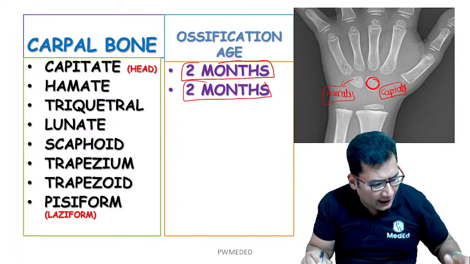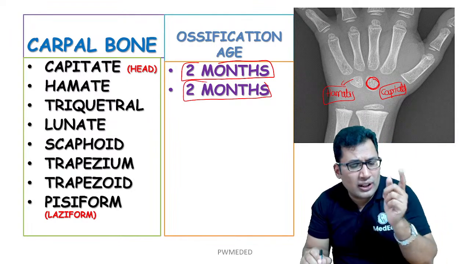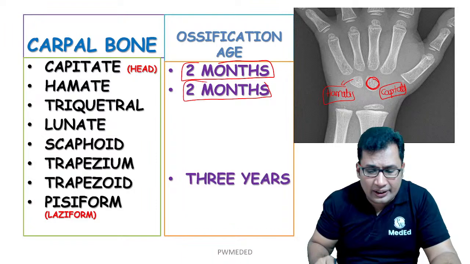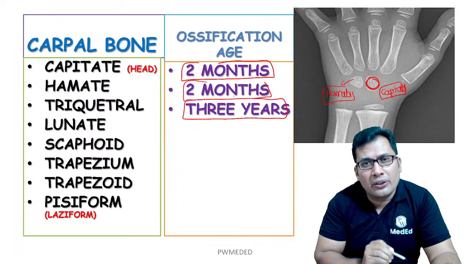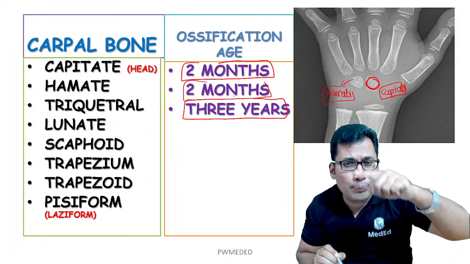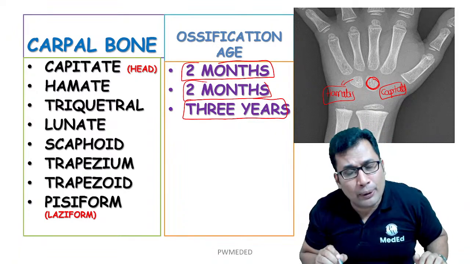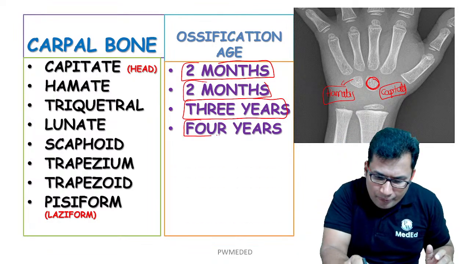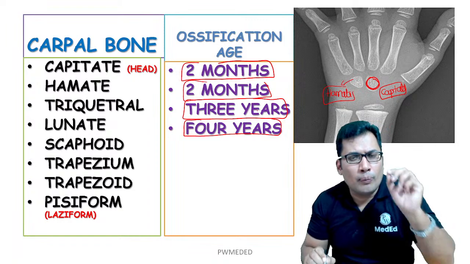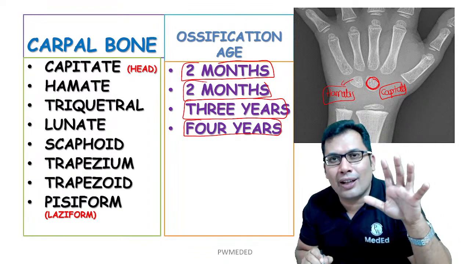Triquetral, you can remember the word tri, it must be 3, that is 3 years of age. Lunate is a moon shaped carpal bone, around 4 years. How to remember? Moon, M-O-O-N, there are 4 alphabets.